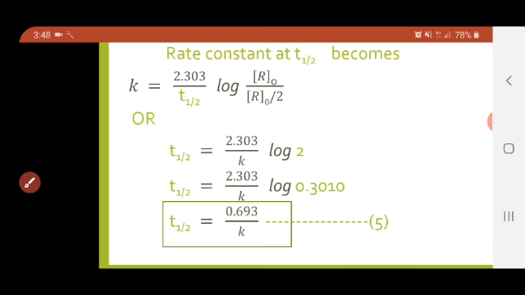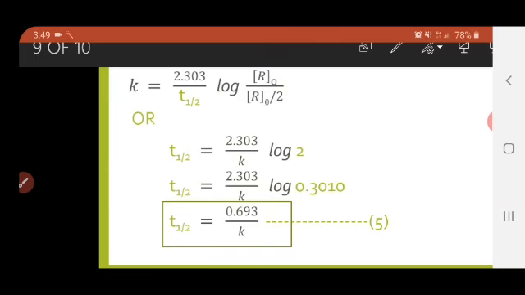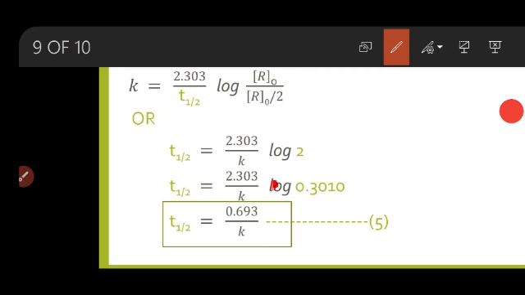So 2.303 divided by K into 0.3010 will come as 0.693 divided by K, and this is the equation for the half-life period of first order reaction. Please cancel this log here, it is not required; instead, a multiplication sign is required.